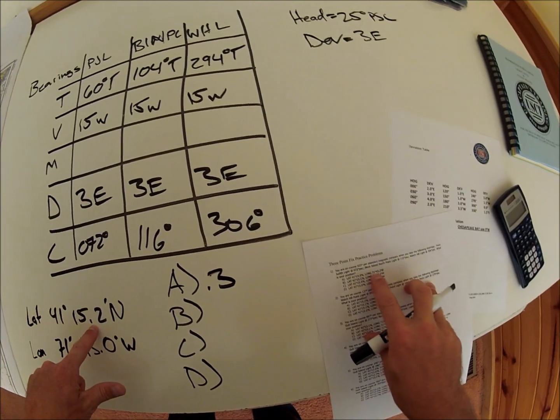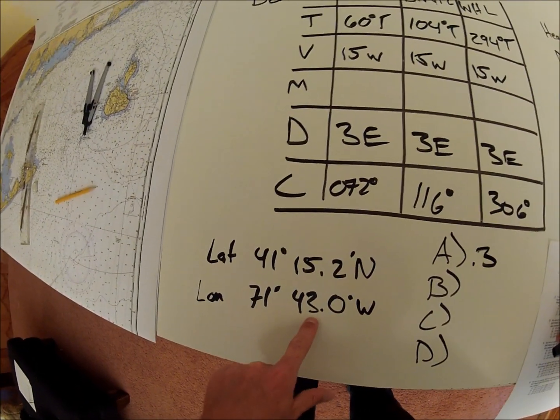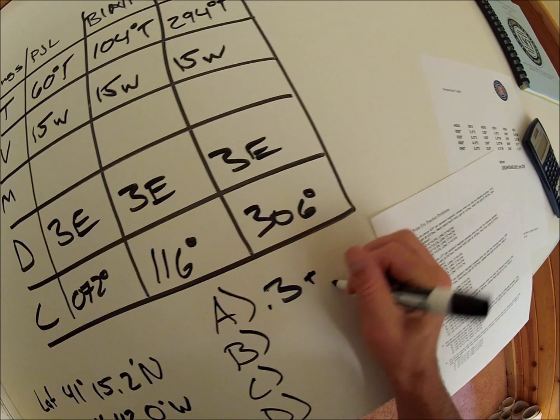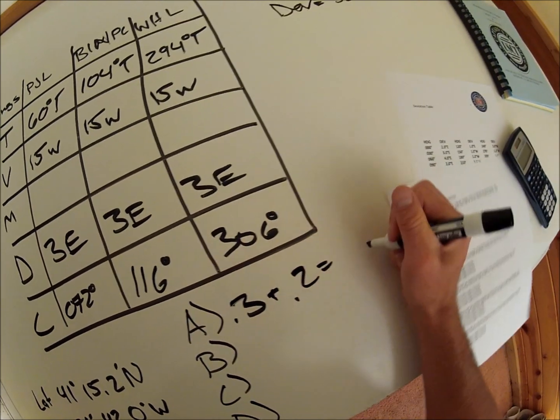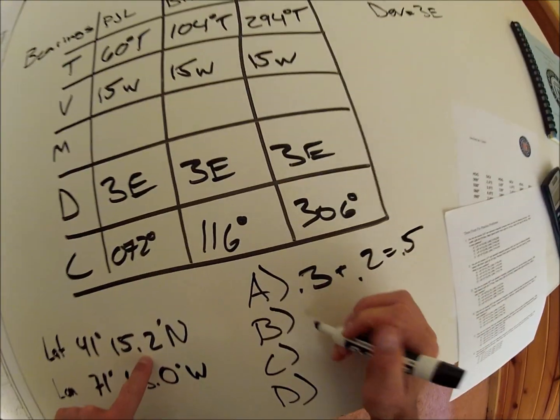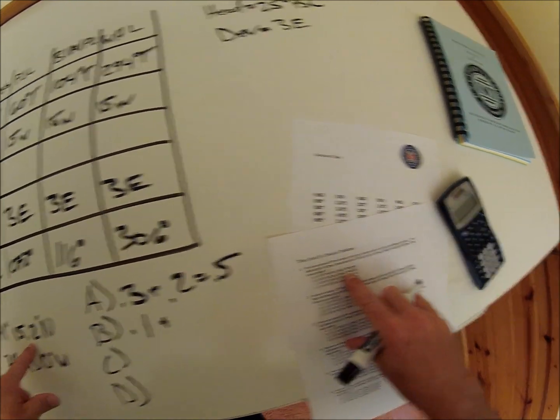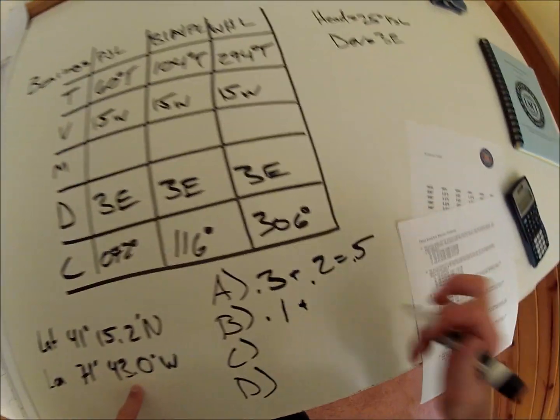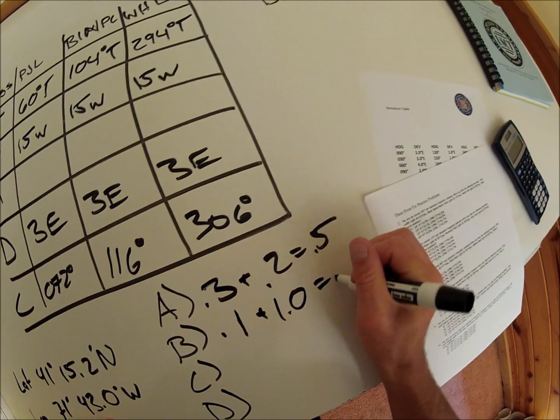And longitude 71 43.2. This is 0.2 away from mine. I just add these up, it equals 0.5. Now B, 41 15.1. This one's 0.1 away. And 71 44.0. This one is 1.0 away. So this one's 1.1 away.